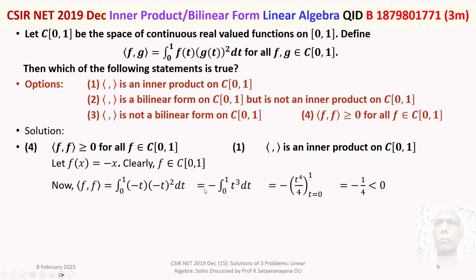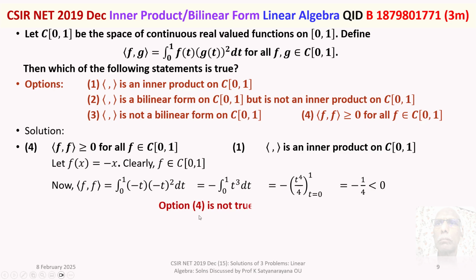That is equal to minus integral 0 to 1 t cube dt. That is equal to minus, after integration, t power 4 by 4 evaluated between the limits t equal to 0 to 1. On evaluation, you will get minus 1 by 4, which is negative.